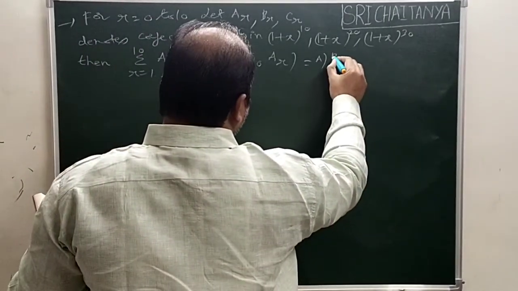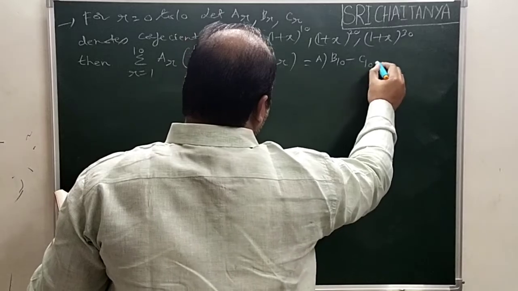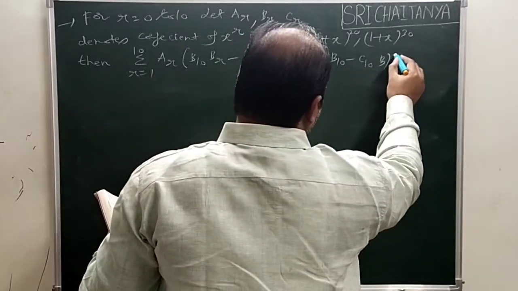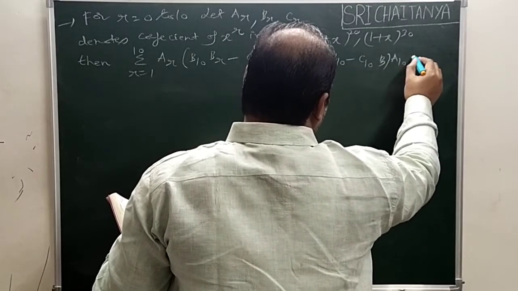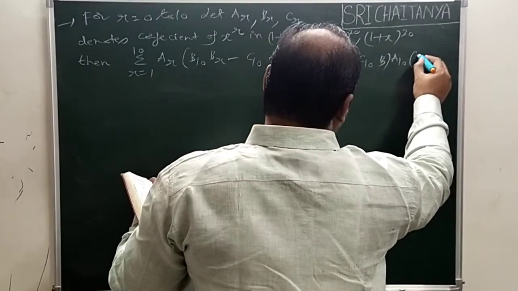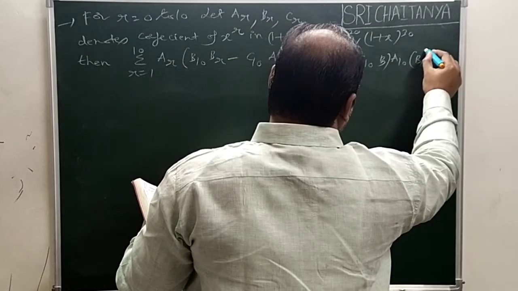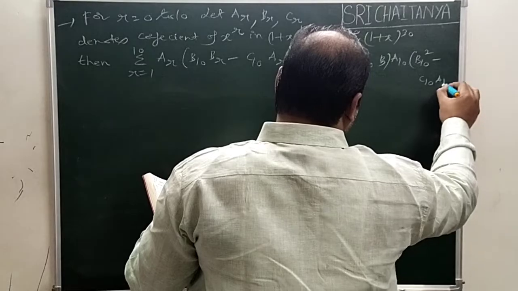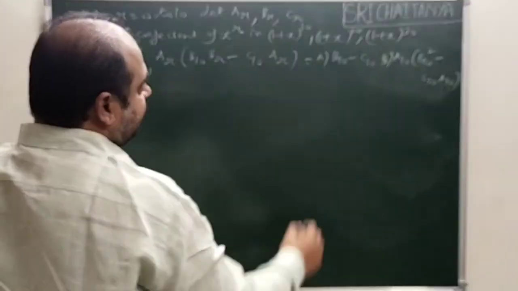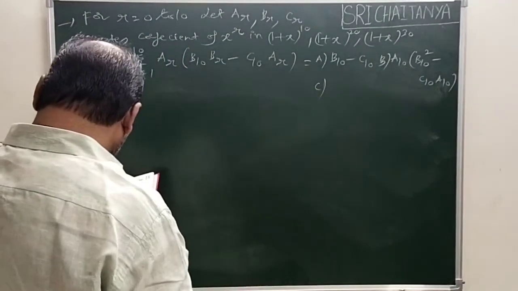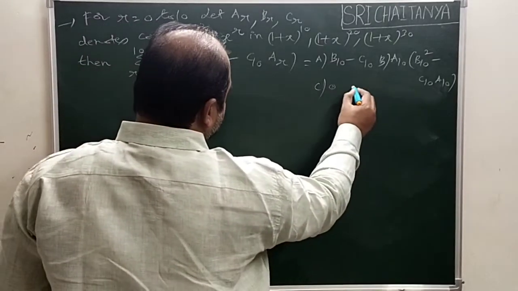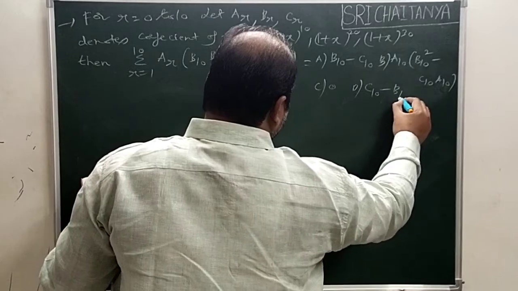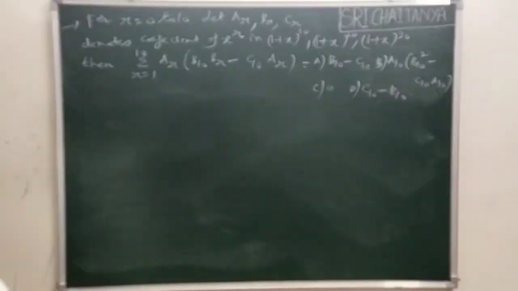Option A is b_10 minus c_10. Option B is a_10 into (b_10 squared minus c_10 a_10). Option C is 0. Option D is c_10 minus b_10.